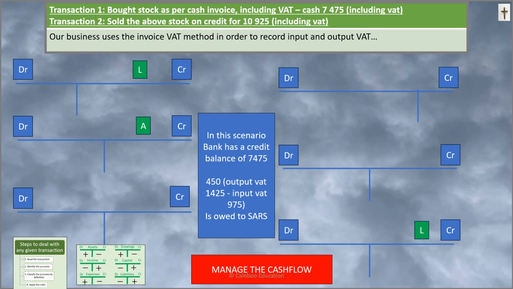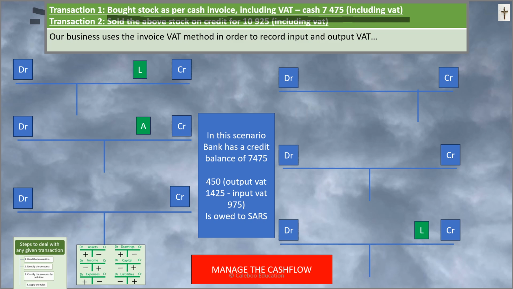Let me use this slide to point out a possible problem using the invoice basis method. So I'm going to look at two transactions to demonstrate this possible cash flow problem. So transaction 1, we bought stock as per cash invoice, including VAT, 7,475.